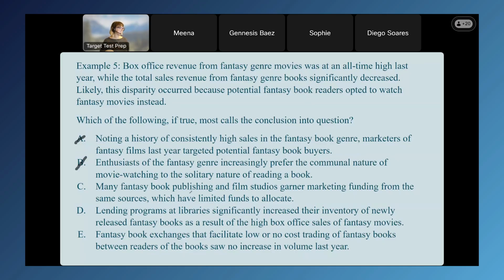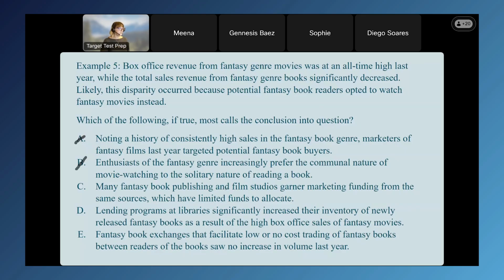Many fantasy book publishing and film studios garner marketing funds from the same sources, which have limited funds to allocate. So we know that movie sales are at an all-time high and that book sales are significantly decreased.